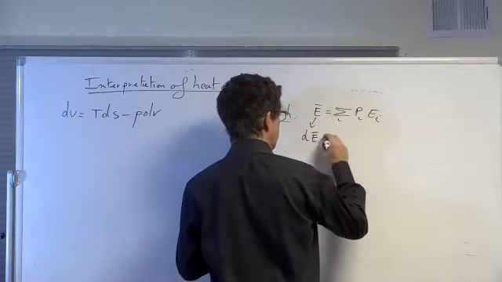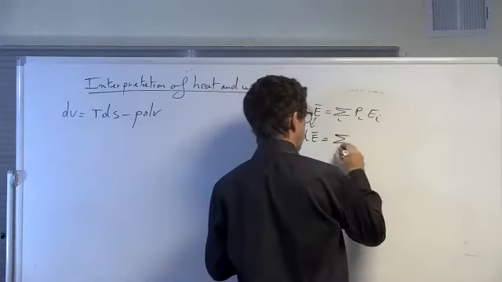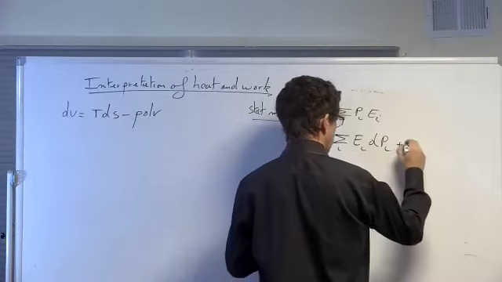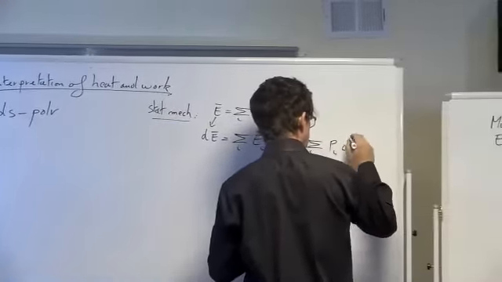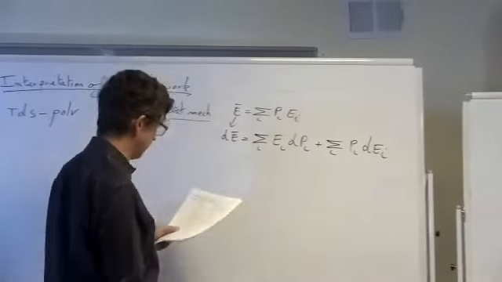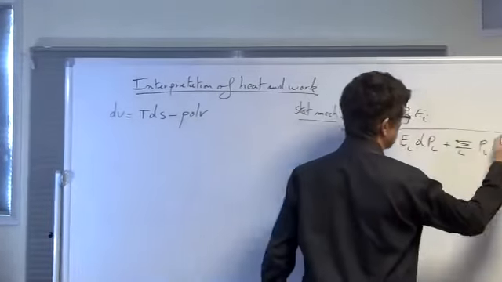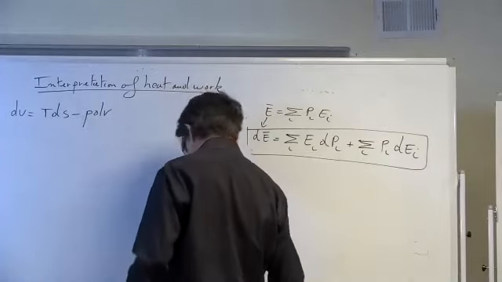So the dE average is sum over i of Ei dPi plus sum over i of Pi dEi. Okay, up to here is just math.